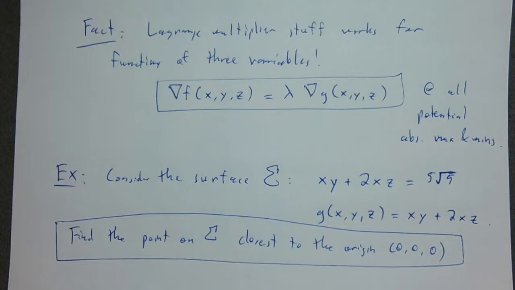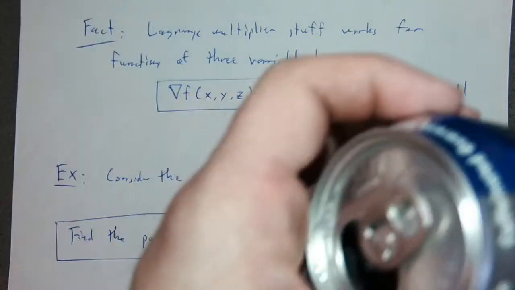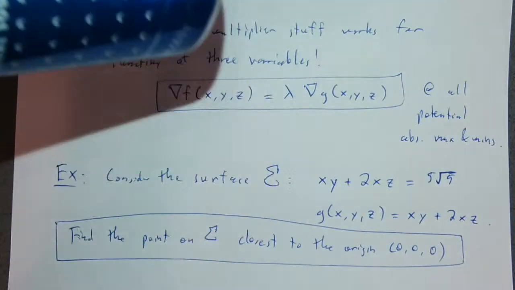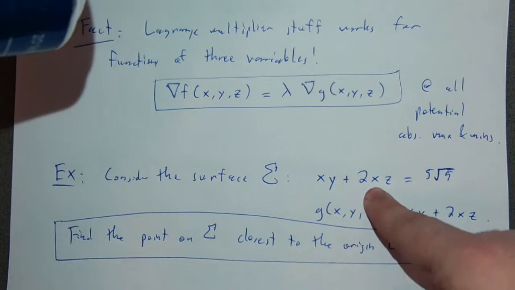So I have some surface sitting in space. Don't know what it looks like. Maybe it looks like a tube or something, right? Here's my surface sitting in space. Wherever it sits in space, there should be some minimum distance to a fixed point.